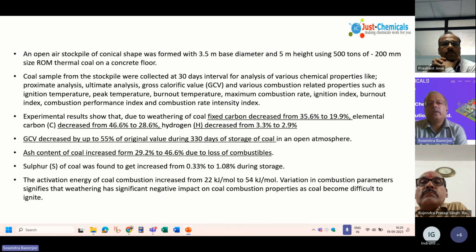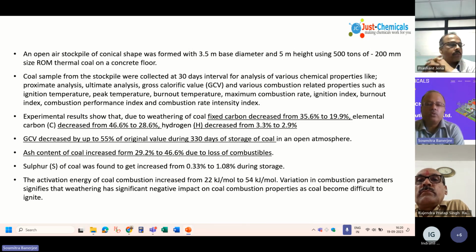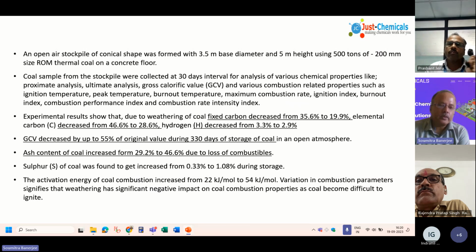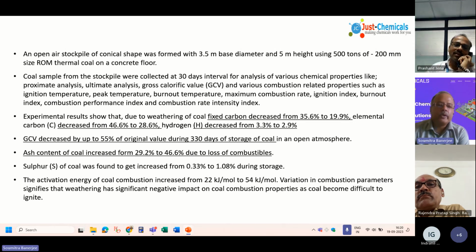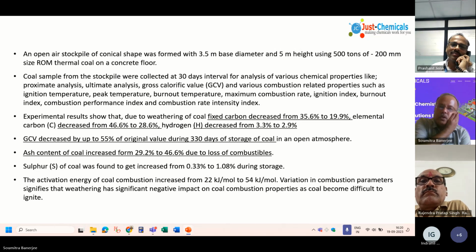So the experimental results which we obtained have shown that fixed carbon decreased from 35.6% to 19.9%. Elemental carbon is different from fixed carbon, which is what remains after VM has gone, but elemental carbon means the carbon which was there with the VM also, and that has decreased from 46.6 to 28.6. Hydrogen decreased from 3.3 to 2.9.